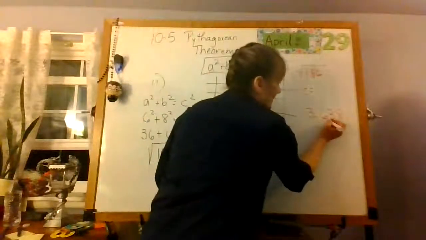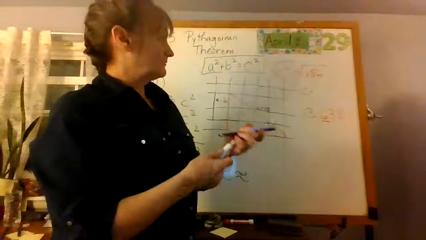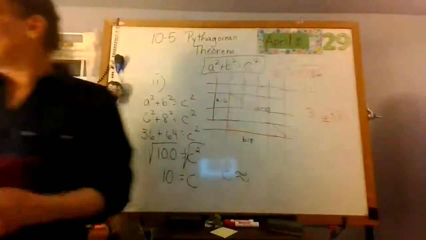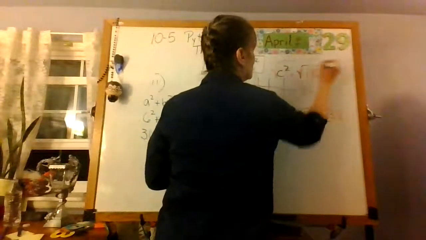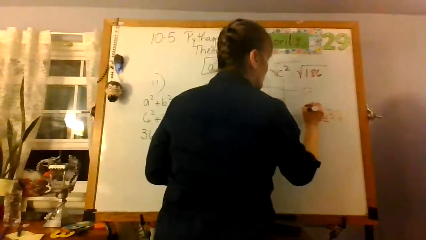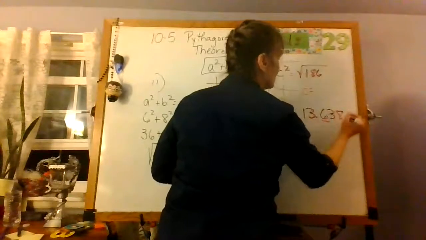I go to my tenth spot, and I know it's hard to see when I write in red. So c squared equals 186, and that came out to be 13.6381, and it went on.